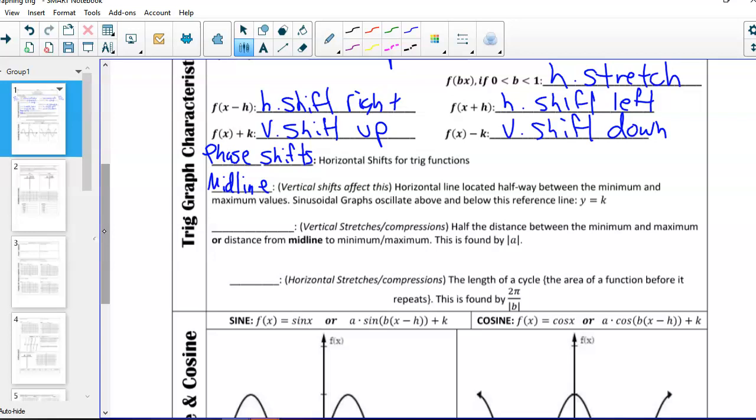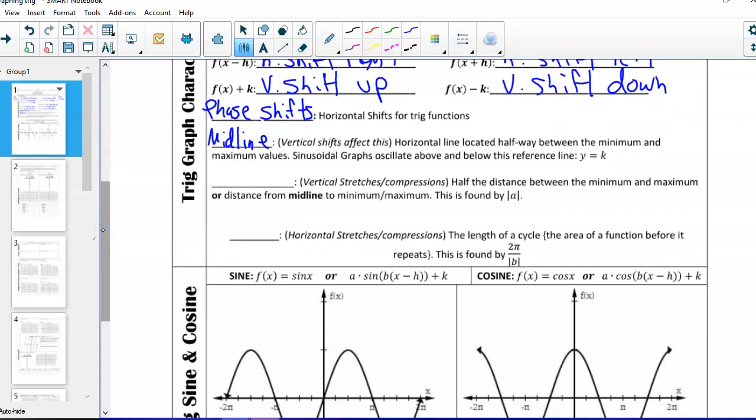But you'll see that when we're graphing. And then this one is our amplitude. So vertical stretches and compressions, your amplitude is affected by that.